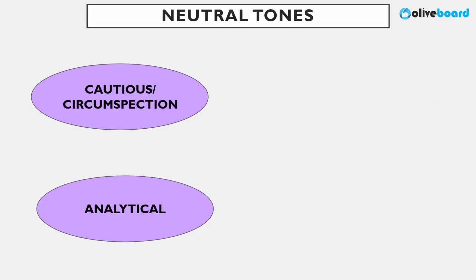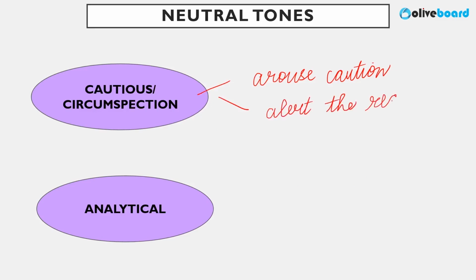Next one is cautious. So as the word mentions, that arouses caution. That is, if a writer has written about a subject and the writer is trying to alert the reader. Okay, so this is what is happening. We need to be more alert with regards to this situation. Suppose the writer is talking about climate change. So cautious tone or circumspection will be that we need to be more careful.